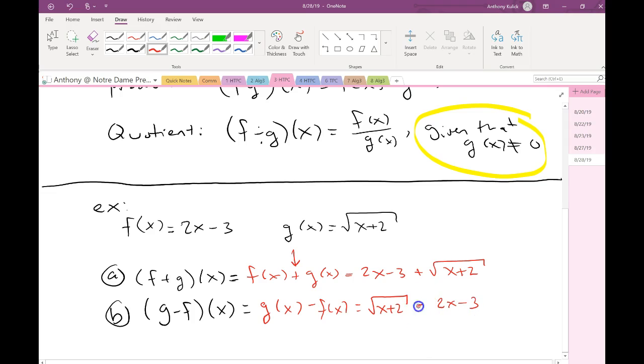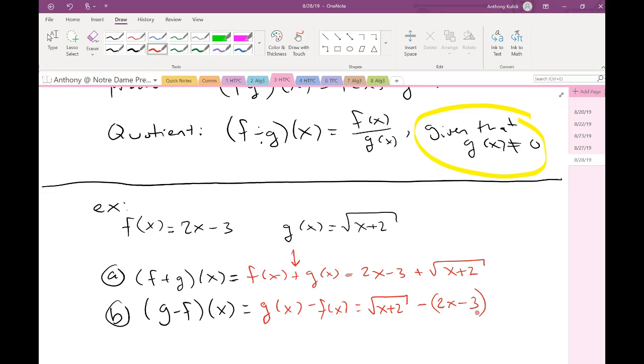Is this correct? Miguel? Is what I wrote correct? Yeah, there needs to be a parenthesis around that 2x minus 3 because subtraction is not commutative, right? A minus b isn't the same as b minus a.